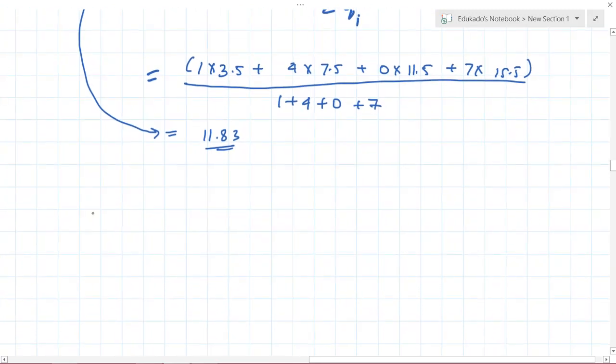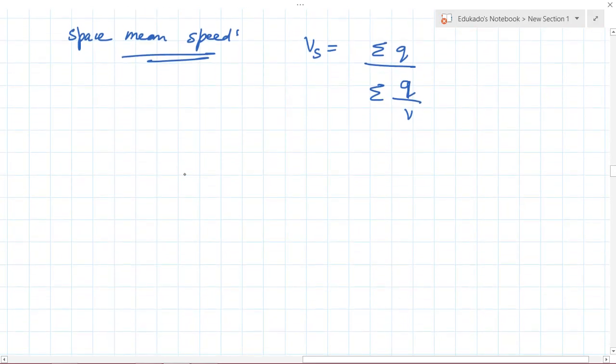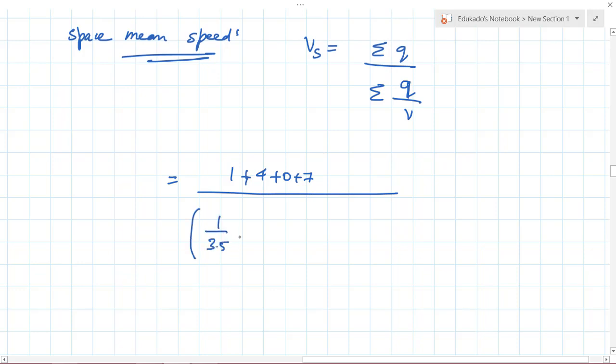Now if I need to calculate the space mean speed, Vs, remember the n part used to come at the numerator side, so I will get sigma q over here, and the velocity part was downwards, so sigma q over v. Solving this, the sigma q will be the same, 1 plus 4 plus 0 plus 7, and then this whole divided by 1 upon 3.5 plus 4 over 7.5 plus 0 over 11.5 plus 7 over 15.5.